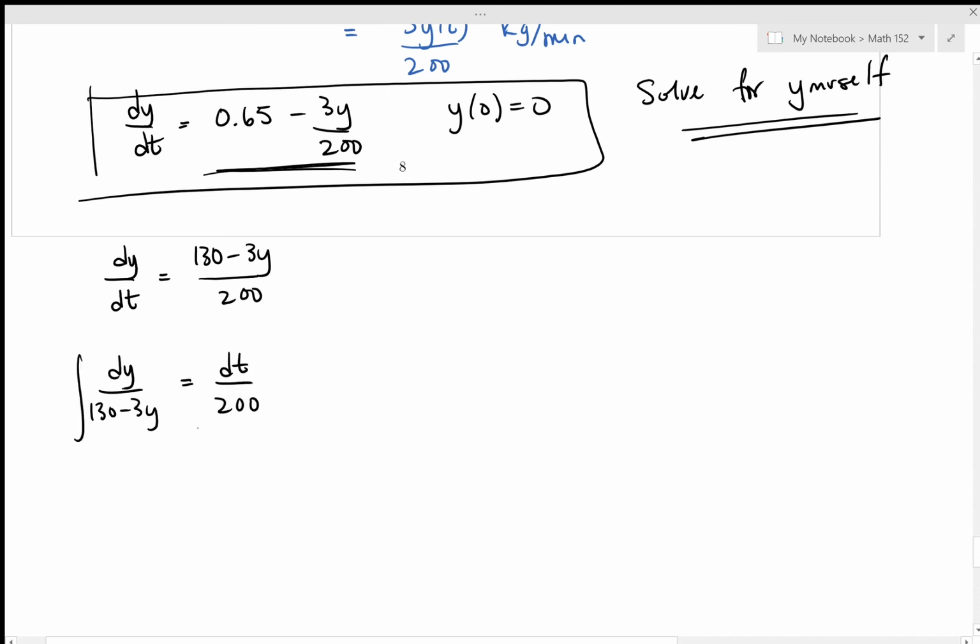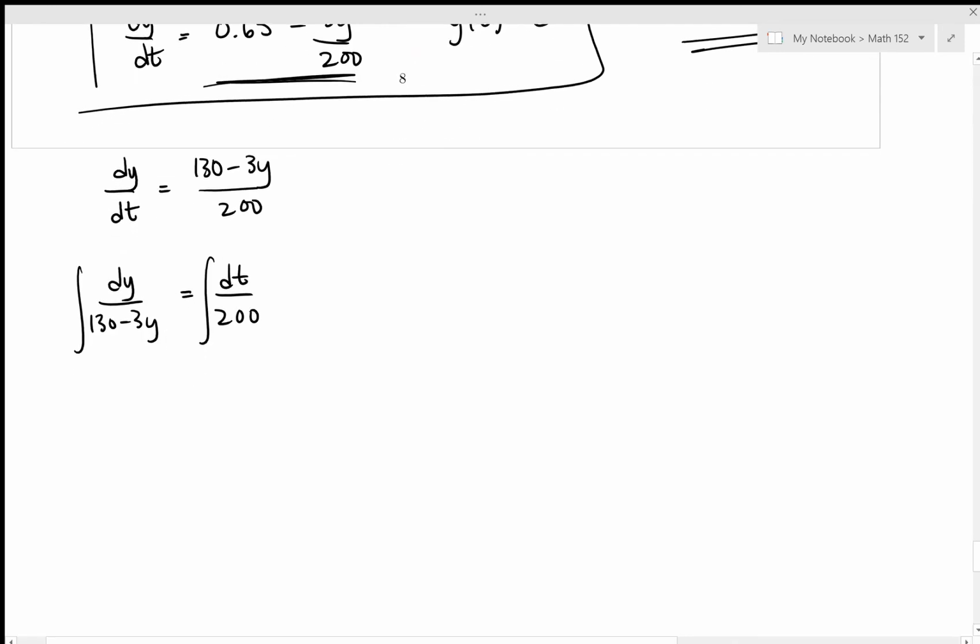Then I integrate both sides, and I see the log function is going to come up here. You may be able to do the left-hand integral without substituting, or you may need to substitute. Any which way, we know how to solve these integrals. This is going to be minus 1/3 log of 130 minus 3y, and on the right-hand side, that's going to be t over 200 plus a constant.